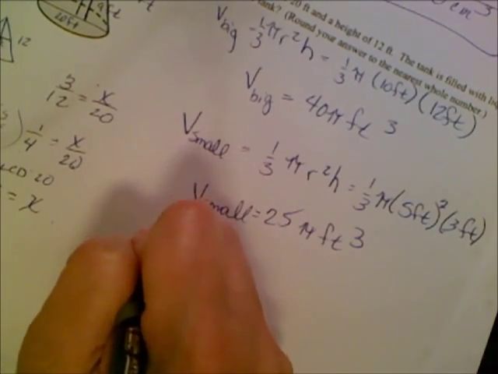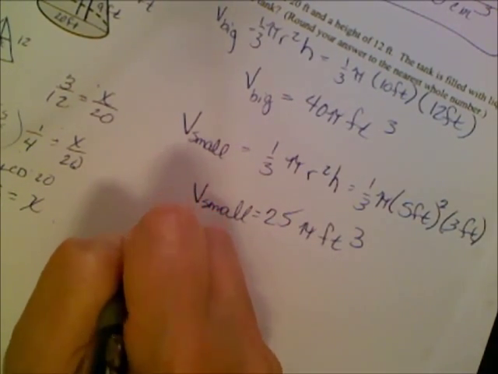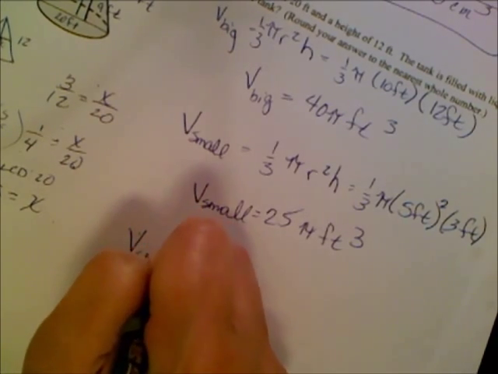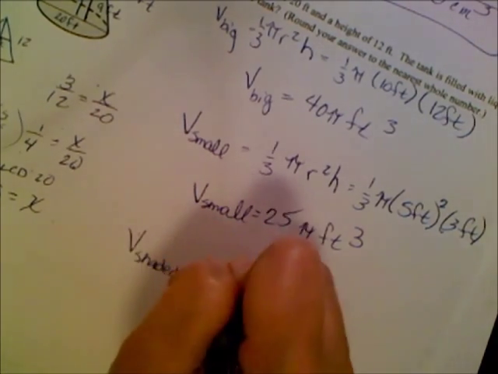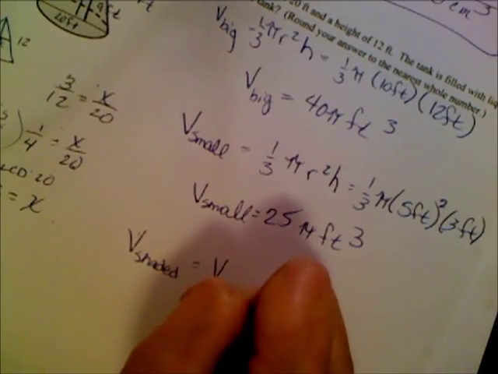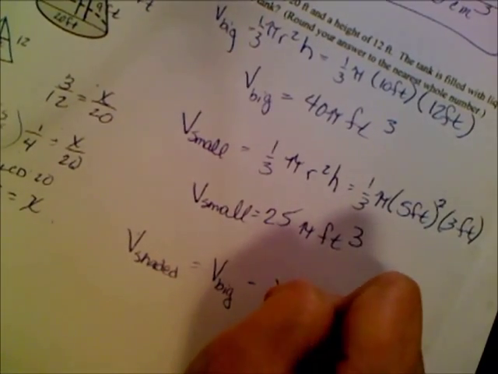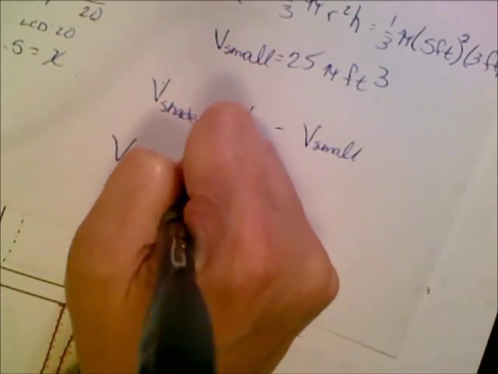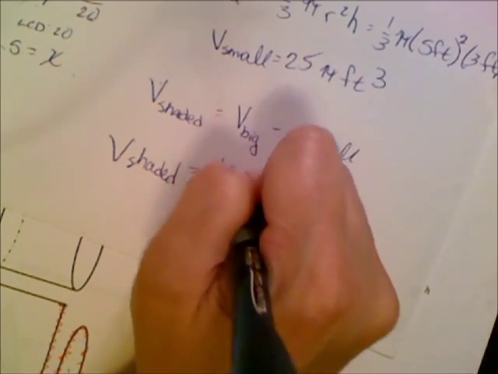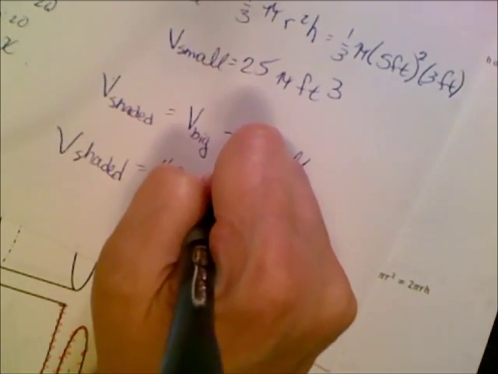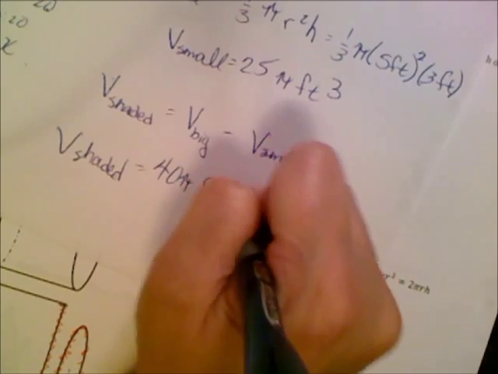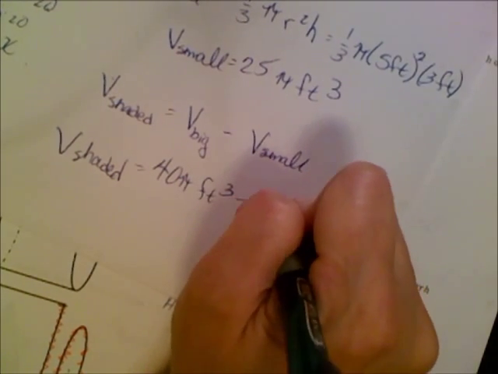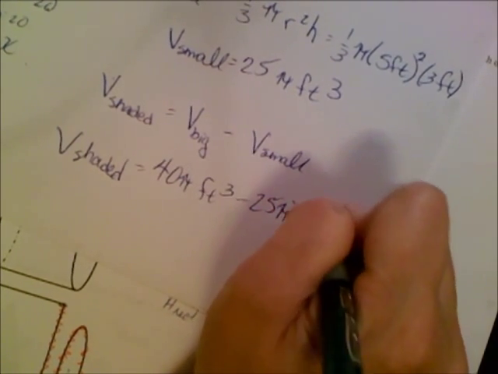Right? Now I want to find the volume of the shaded, which is going to be the volume of the big minus the volume of the small. So the volume of the shaded equals 40 pi feet cubed minus 25 pi feet cubed.